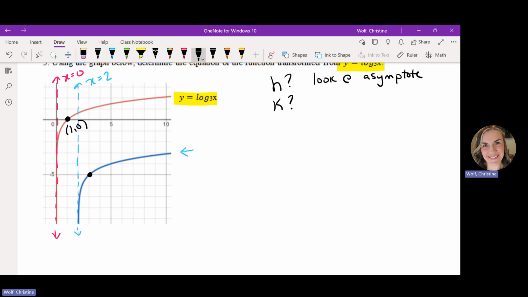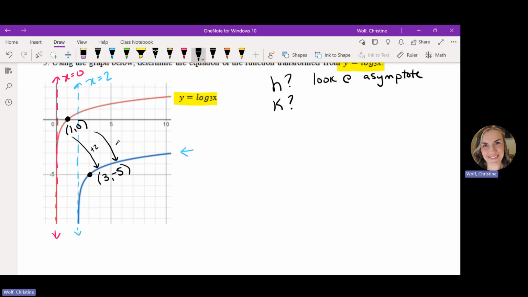I picked the bottom of the curve on both. And this one right here is at (3, -5). So I can tell I have that shift of +2 that we've already discovered. We knew that already, so that just confirmed it.